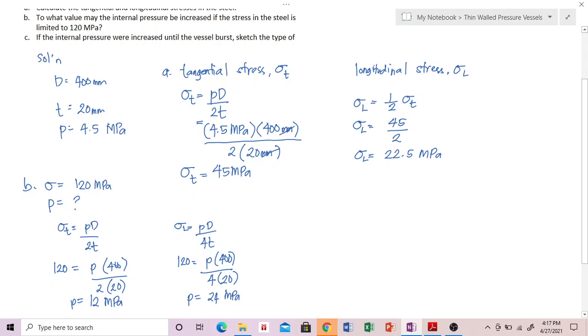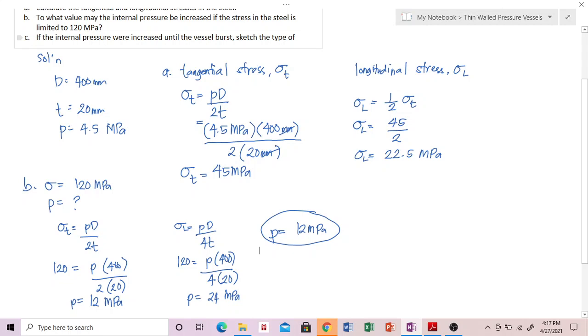Unlike kapag pinili mo yung 24 MPa, hindi kaya ng isa. No? Okay, so the final answer here in letter B is 12 megapascal. So, hanggang 12 megapascal lang yung internal pressure na pwede para kaya nung vessel when it comes to tangential and longitudinal stress.